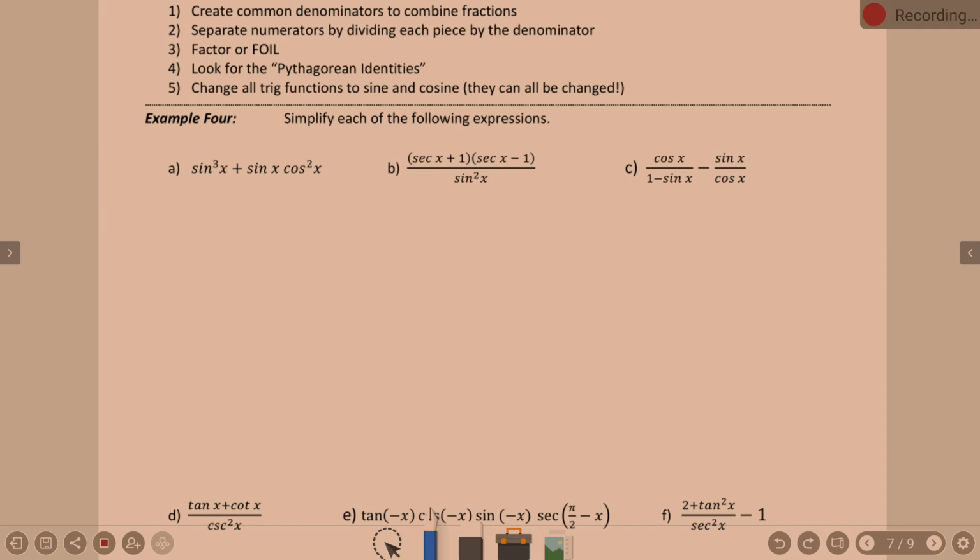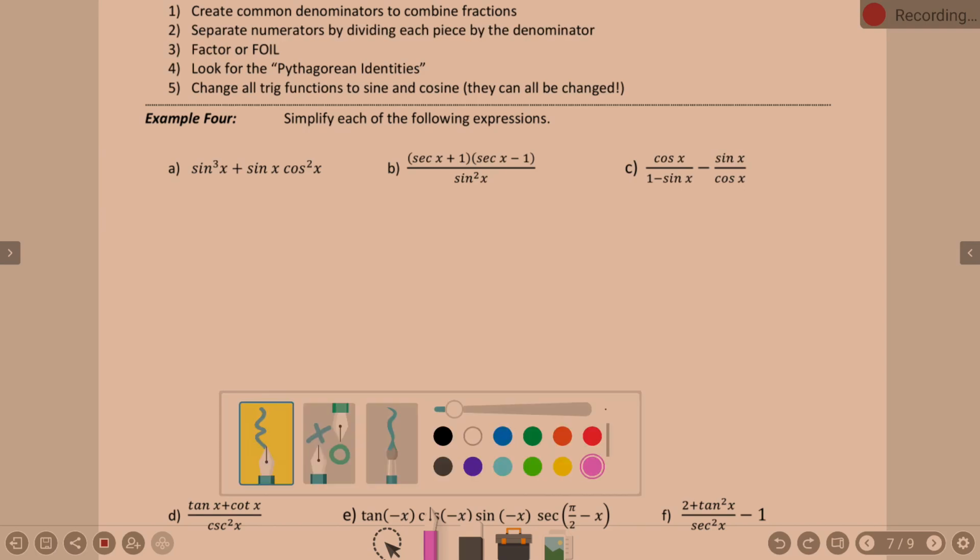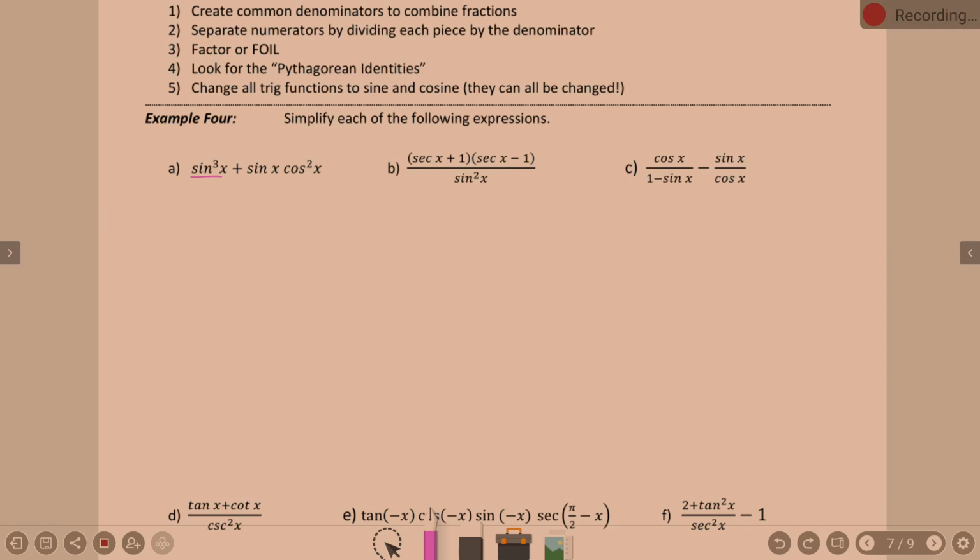They do, yes? Okay. The first term has sine cubed x, so it has 3 of them. This other one has a sine x, yes? So the first step we're going to talk about, and I'm writing steps out today just to give you ideas of what we're doing, is we're going to factor a GCF out.